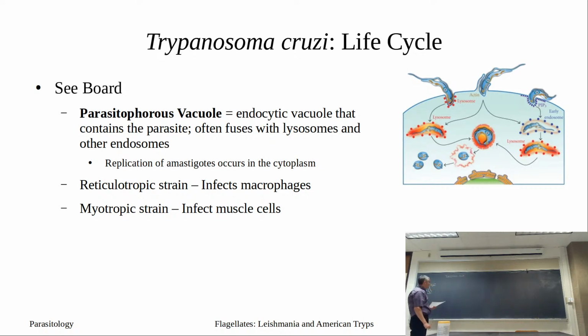All right, so I think what we're gonna do is split it up like we did the other time. So inside our insect vector, we have our metacyclic trypomastigote.